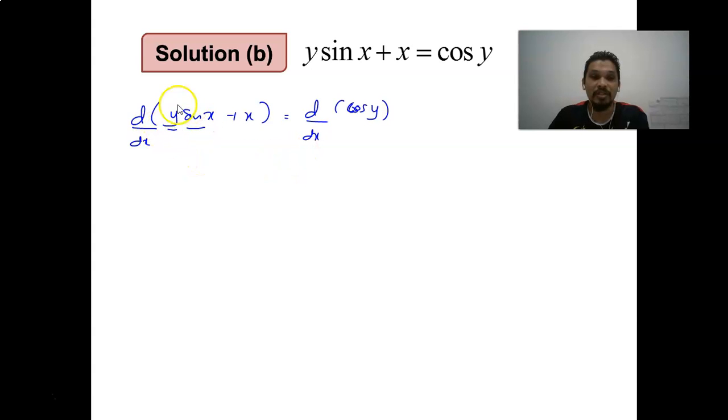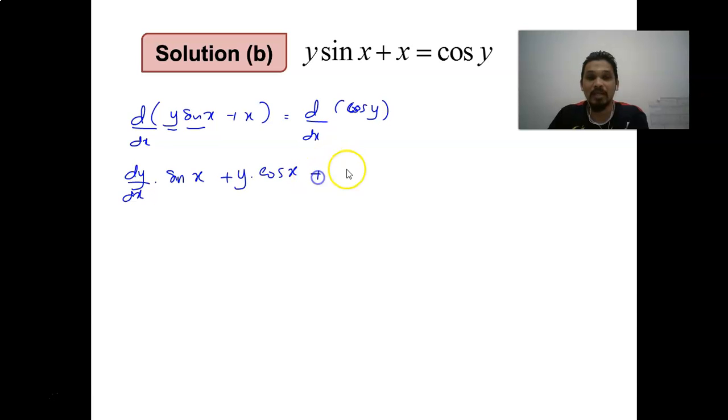So differentiating this term, the derivative of y is 1 multiplied by dy/dx multiplied by sine x, plus, just now we differentiated y and came up with dy/dx, then we copy out sine x. Now it's time for y, and the derivative of sine gives you cos x.